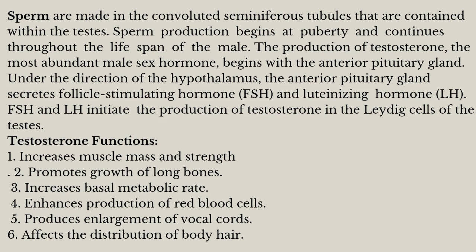The production of testosterone, the most abundant male sex hormone, begins with the anterior pituitary gland under the direction of the hypothalamus. The anterior pituitary gland secretes follicle stimulating hormone, or FSH, and luteinizing hormone, or LH for short. FSH and LH initiate the production of testosterone in the Leydig cells of the testes.